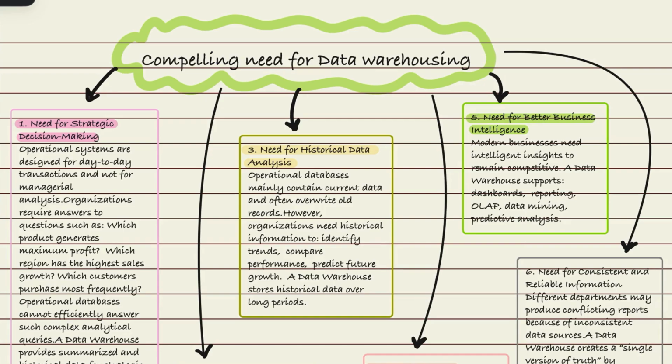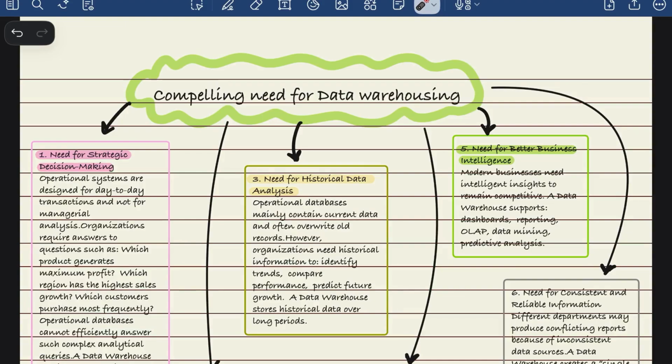First up is strategic decision making. Look, a live store database is built for a cashier to ring up a bill, right? You just have to scan and produce the bill quickly so that the customer does not get angry. That database is not designed to tell a CEO which product made the maximum profit. For example, you need the profit for North India last year.